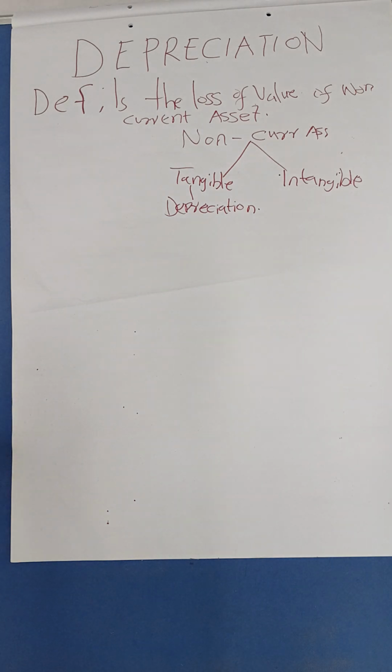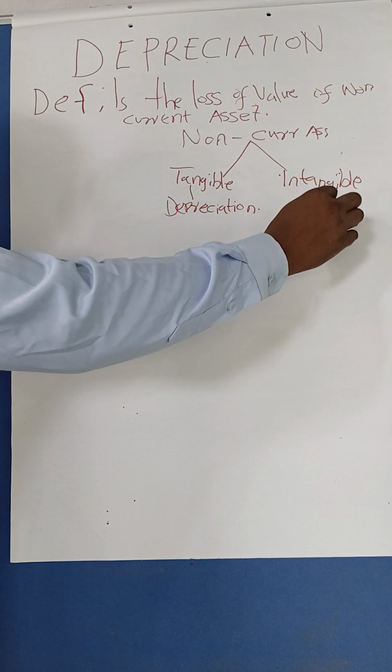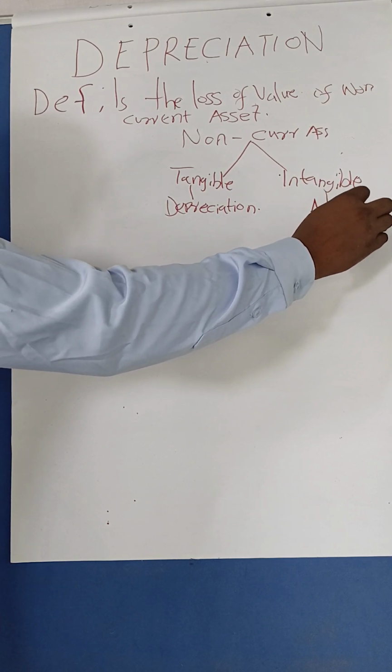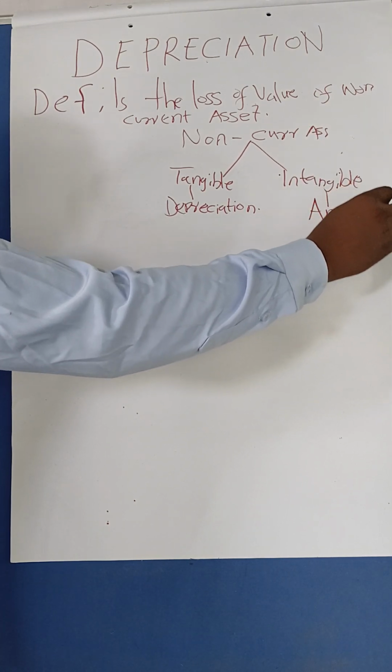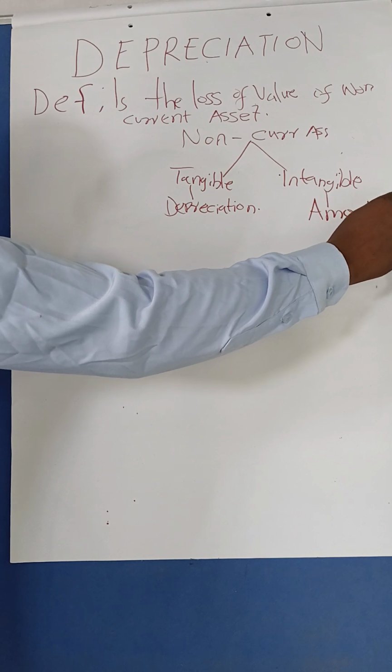But the intangible assets, like goodwill, which is an example of an intangible asset that you cannot touch or feel, when they lose value, we call it amortization. It's not the same as for the tangible asset.